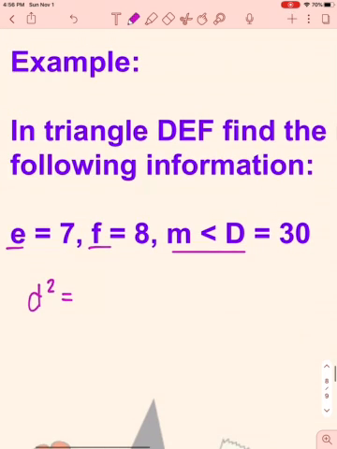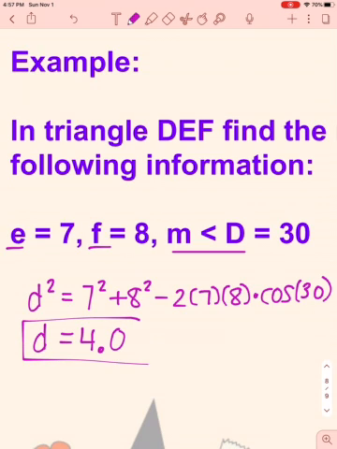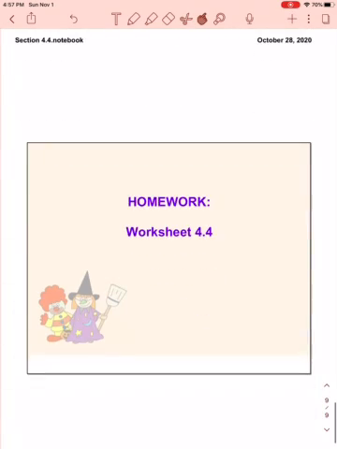So I'm going to do d squared equals 7 squared plus 8 squared minus 2 times 7 times 8 times the cosine of angle 30. Put that in your calculator all at once, and then take the square root of that answer before you do any kind of rounding, and you should end up with 4.0. And that's it. 4.